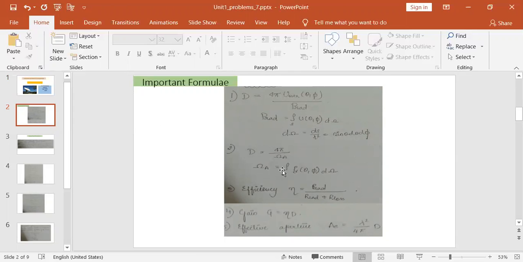So omega A is equal to integral of Pd theta comma phi d omega, where Pd is power density, power per unit solid angle. Sorry, power per unit area. Power density is power per unit area.